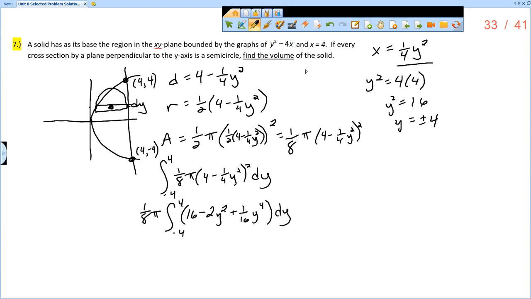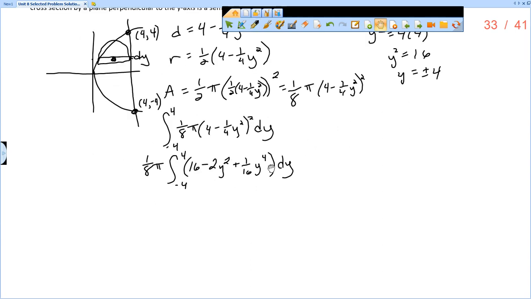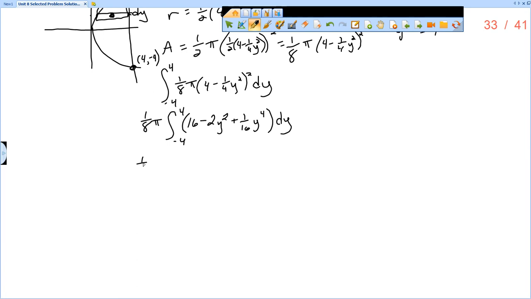Integrating: 16y minus 2y cubed over 3 plus 1/16 y to the fifth over 5, evaluated from negative 4 to positive 4.